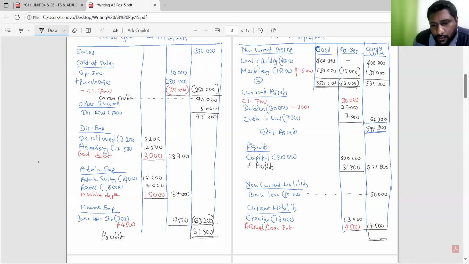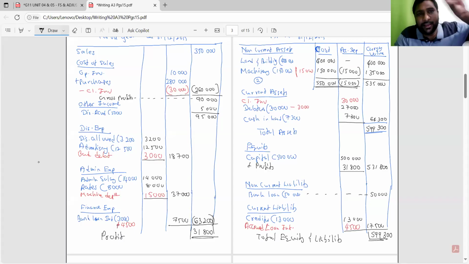How much is total equity and liability? Get the value. 531,800 plus 50,000 plus 17,500, 599,300. So no point of balancing. I have told you, for the balancing, no marks.